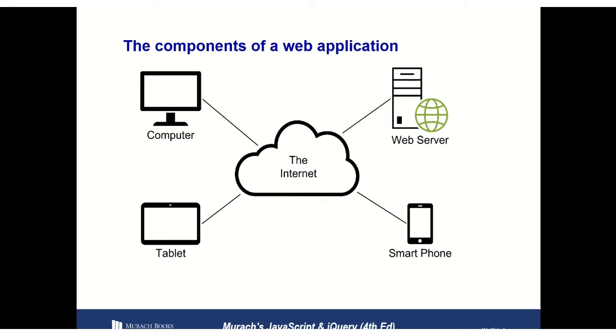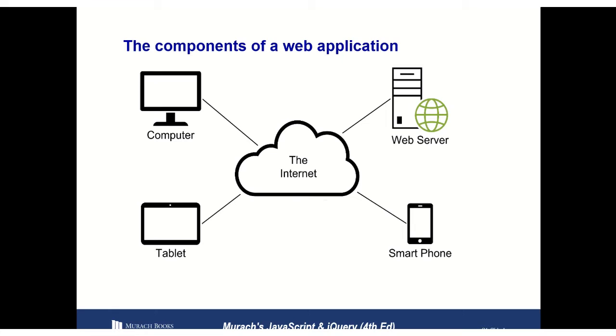So without wasting much time, we can go directly to the components of a web application. You can see that a web application has clients and a web server. The clients are the computers, tablets, mobile devices.